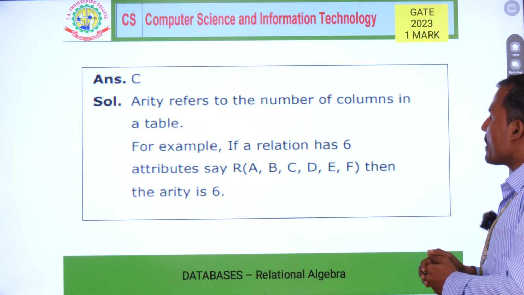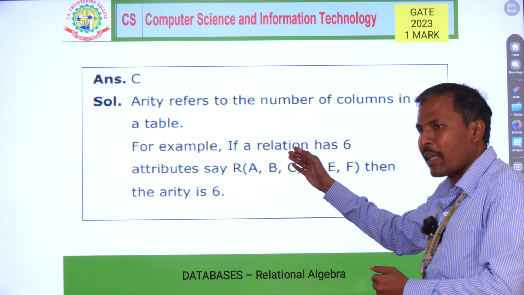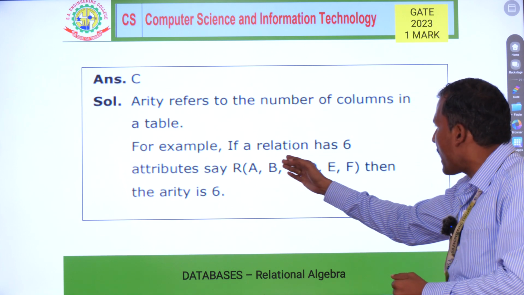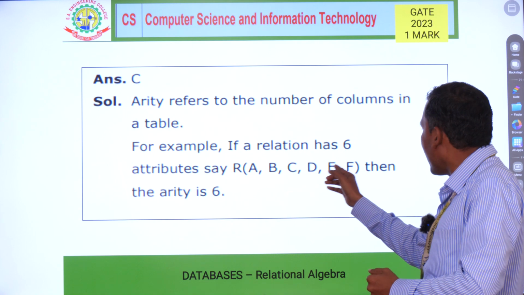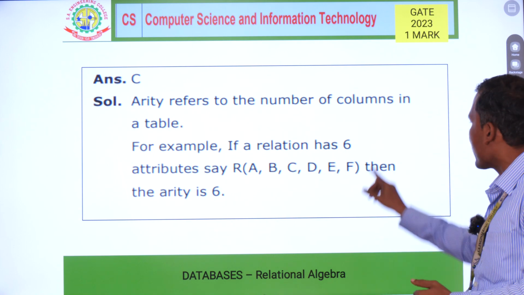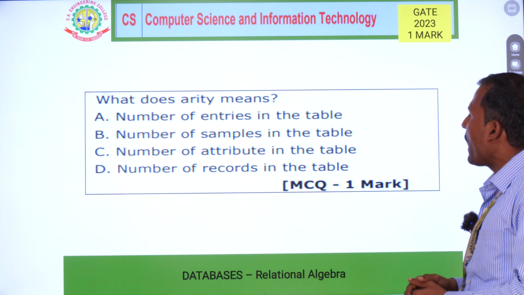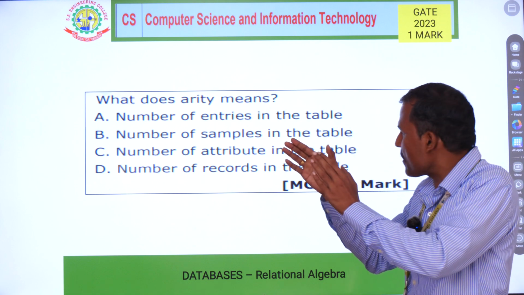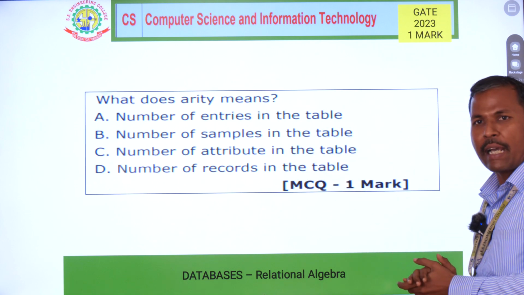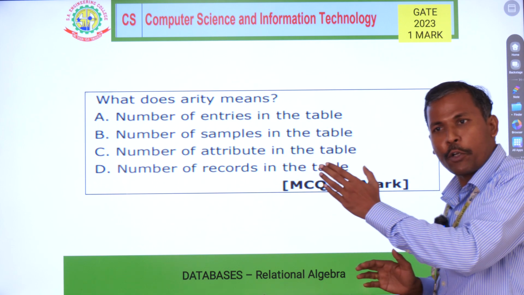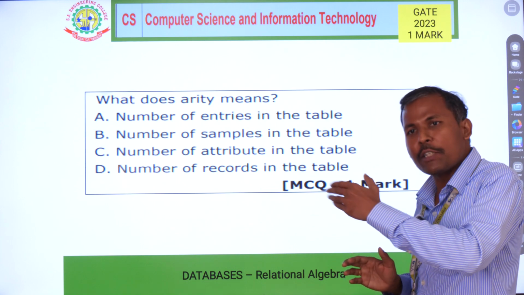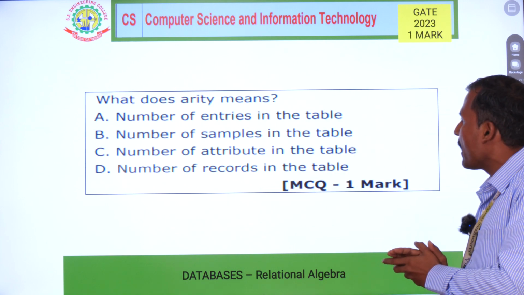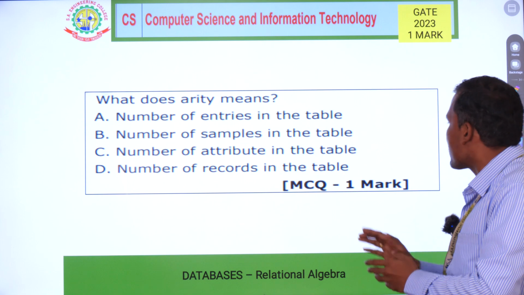For example, if a relation has 6 attributes A, B, C, D, E, F, then the arity is 6. That is what is called arity. And we have a separate keyword called compatible: the attribute domains of the values should be the same.